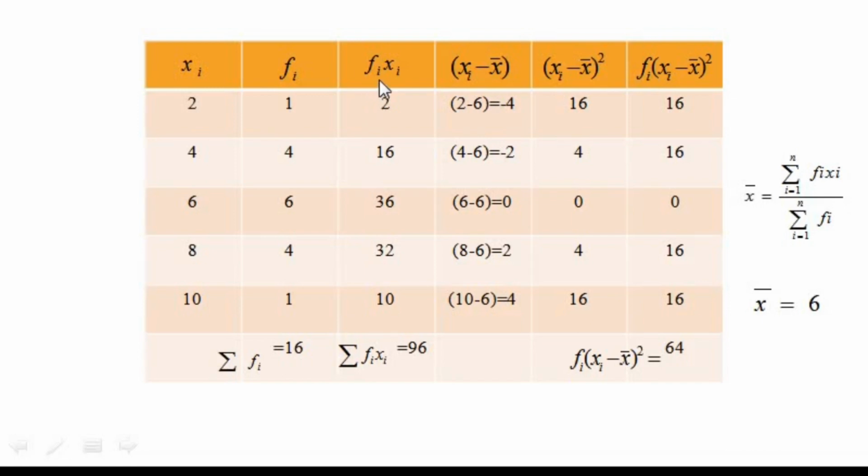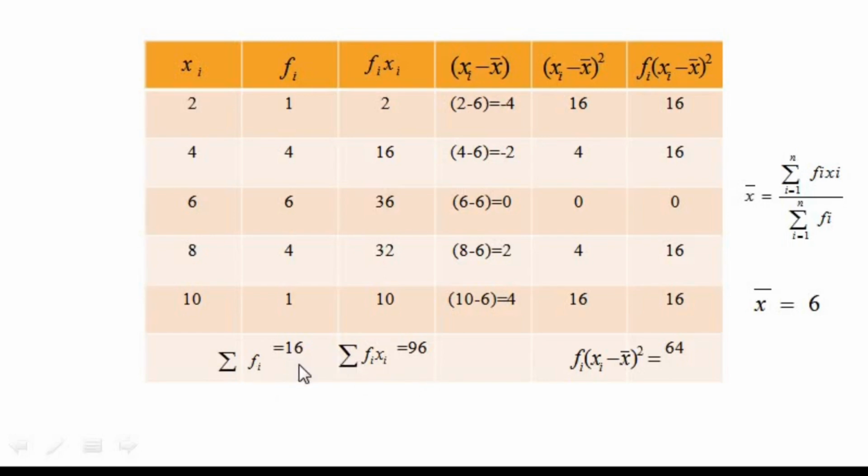Then we prepare one column, fi xi: 2 into 1 is 2, 4 into 4 is 16, 6 into 6 is 36, 8 into 4 is 32, 10 into 1 is 10, and then take their sum. That sum, summation fi xi, is 96.